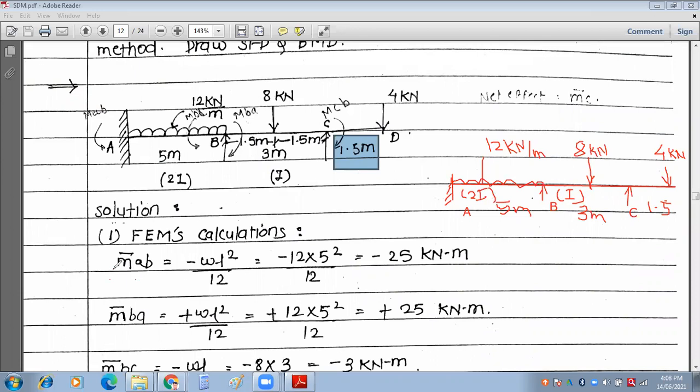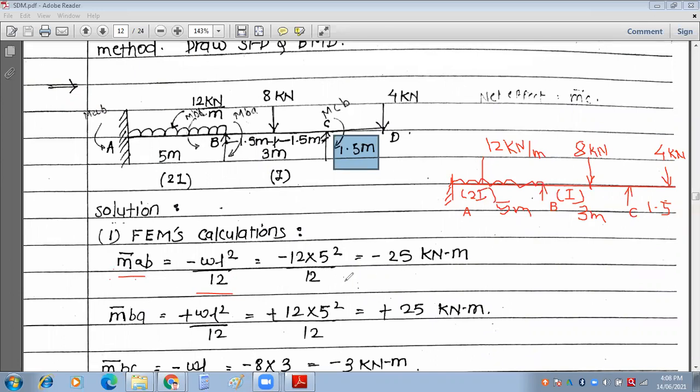As we know that span AB carries a UDL, therefore the fixed end moment is WL square by 12. The UDL is 12, span is 5, therefore 12 into 5 square by 12. 12 and 12 get cancelled, 5 square is 25.